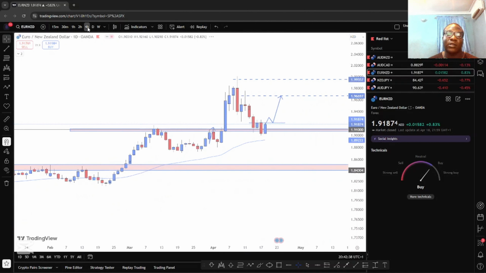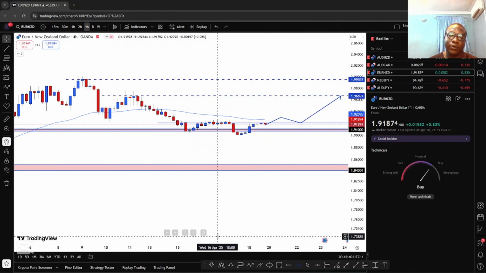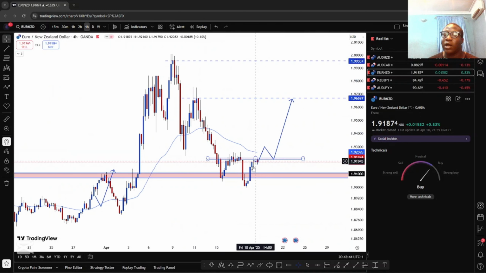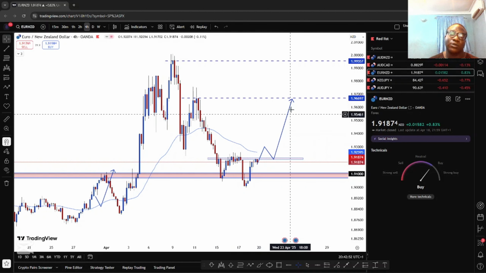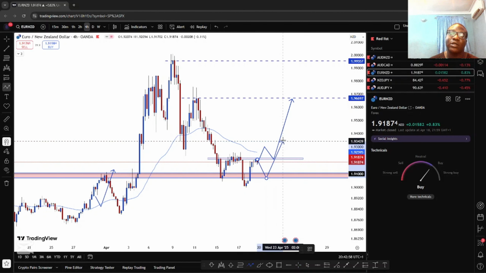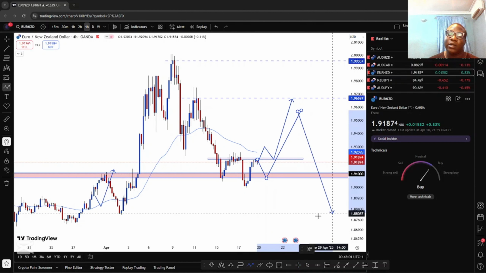Going down to the 4 hour time frame, what I'm waiting for this pair on the 4 hour time frame is one of two things. I'm waiting for either the market to break above this point, giving us a retest of this point here to take the trade to the upside, or I'm waiting for the market to come down into our area of interest to then take the trade to the upside.